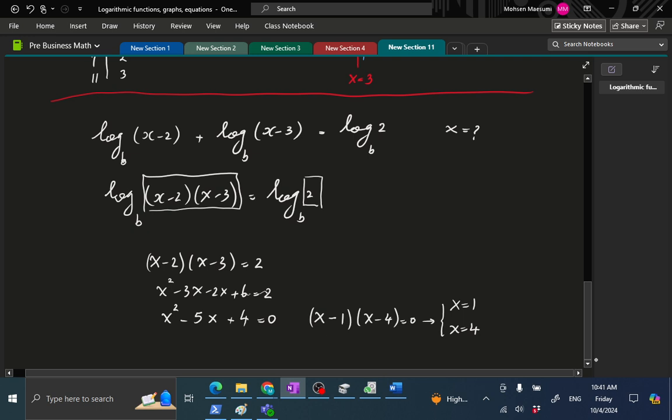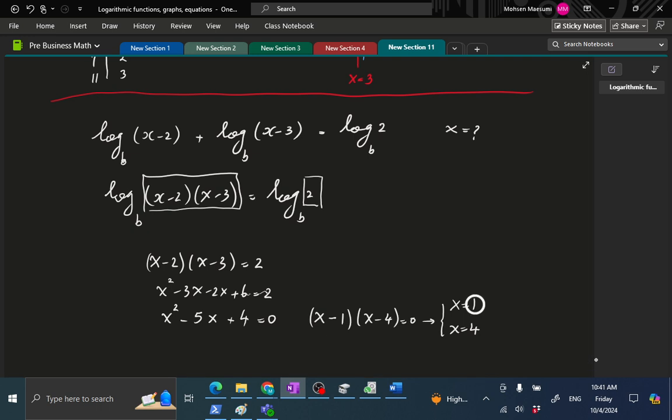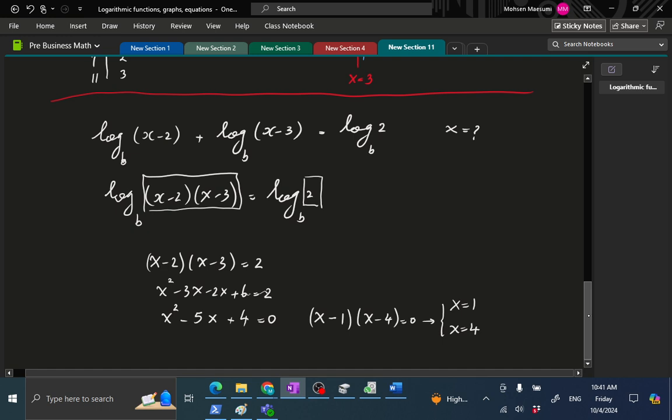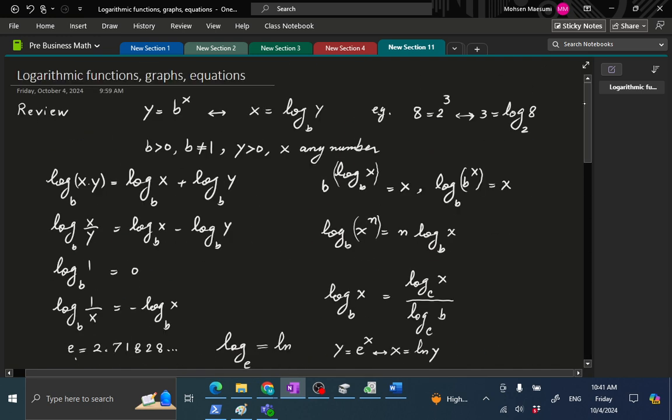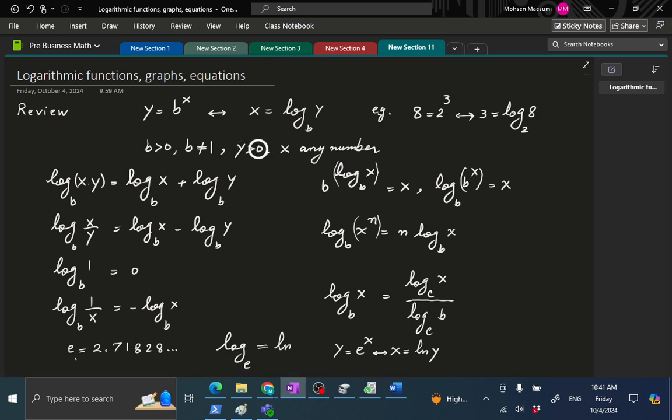Now, x equal to 1, if I put it in my original equation, I'll have 1 minus 2, which is negative 1. 1 minus 3 is negative 2. And we said the logarithm's input has to be positive. Let me remind you again here. When you take the logarithm of a number, that number has to be positive, because when you exponentiate, you always get a positive number.